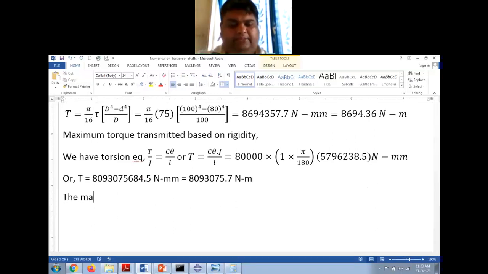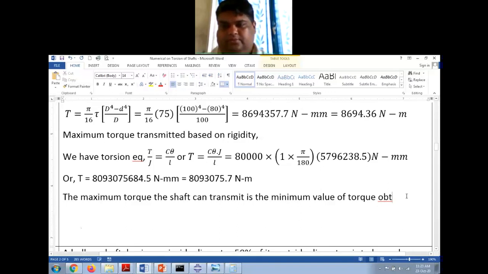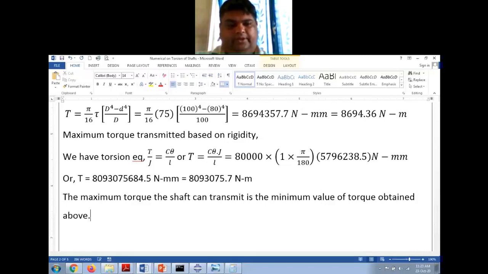So the maximum torque the shaft can transmit is the minimum value of torque obtained above, right?